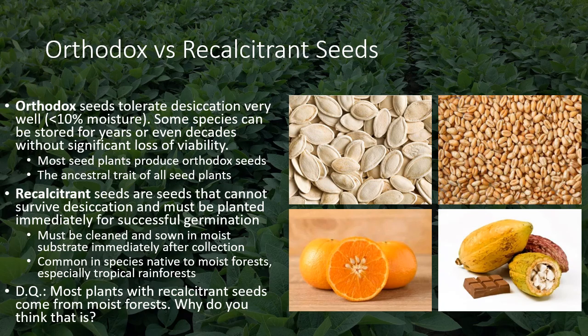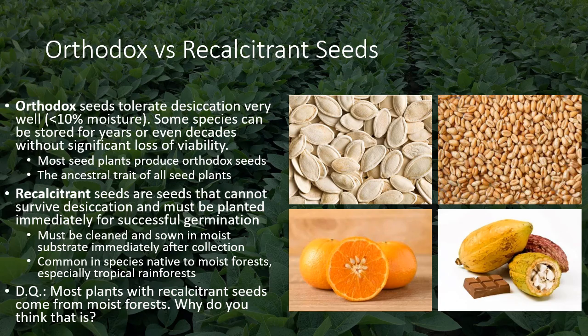And that's the ancestral trait of all seed plants. It's obviously very advantageous to have seeds which can tolerate drying out because it allows plants to produce seeds in drier climates. Those soil seeds can sit around in the soil until conditions are moist and right for germination, and then they can sprout.